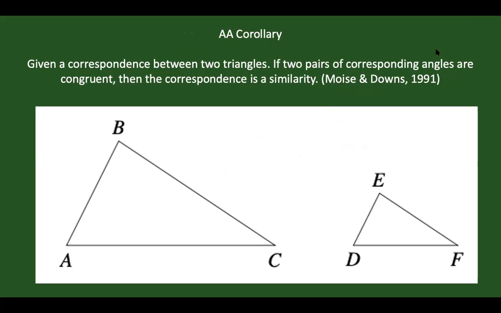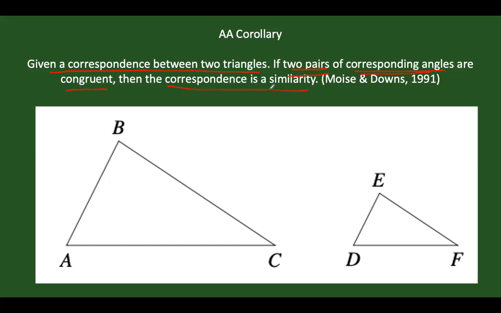All right, now we have the angle-angle corollary. Now it says here, given a correspondence between two triangles. So again, there is a correspondence between two triangles. The correspondence is very important when it comes to similarity of triangles, as well as with congruent triangles. Now, if two pairs of corresponding angles, again, only two pairs of corresponding angles are congruent, then the correspondence is a similarity.